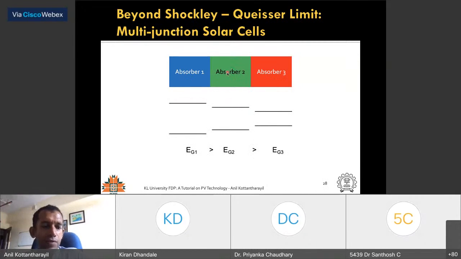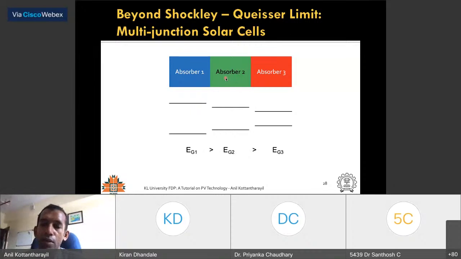Okay, then we have seen the Shockley-Queisser limit and multi-junction solar cells, right? Absorber 1, 2, 3. So what does it mean? In silicon, the silicon was the absorbing material. So silicon would absorb the photons, and we had seen what is called a thermalization loss, right?